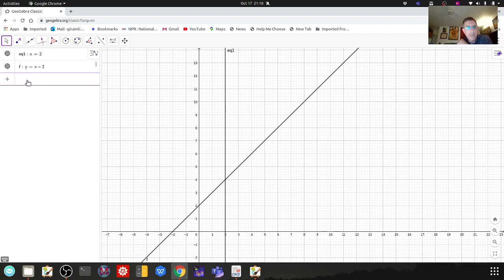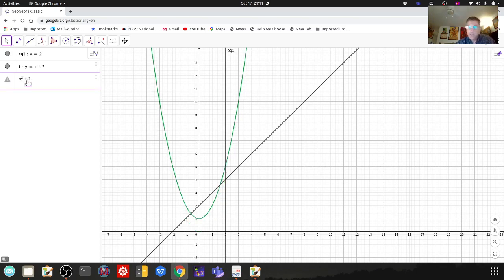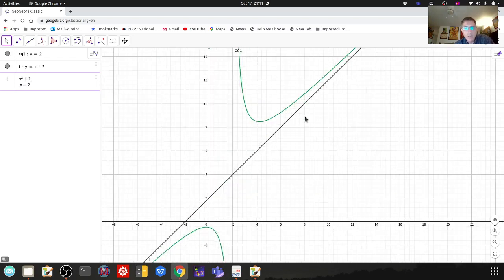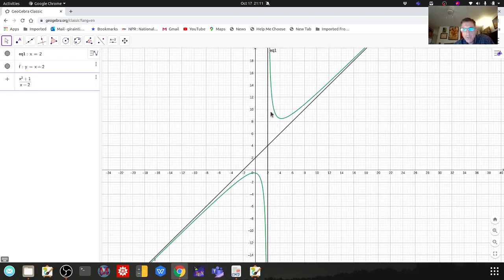So what we have is x squared plus 1 divided by x minus 2. Wow, look at that. So right here, a vertical asymptote. The graph never crosses it. And as x gets larger, f of x gets closer and closer to that vertical line.